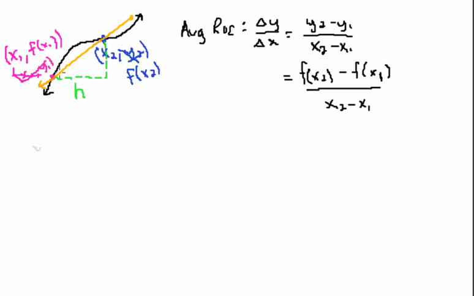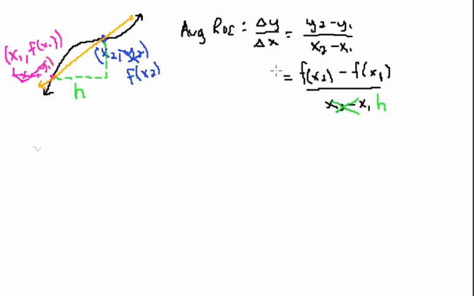What I'm looking for is a way so that if I just pick an h value and a starting point, I can find the average rate of change. I don't need 2 points. I need an initial point and just how far over I want to go. So that's going to change things down here. Instead of x2 minus x1, that's just h.